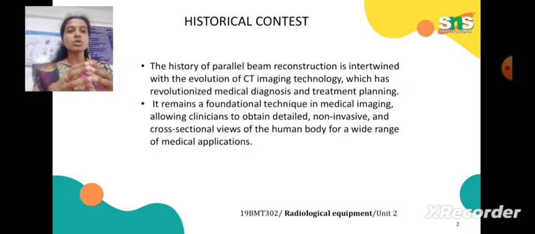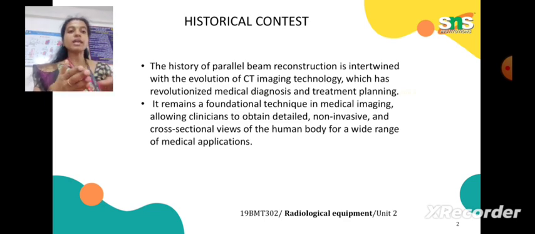Historical context: the history of parallel beam reconstruction is intertwined with the evolution of CT imaging technologies, which have revolutionized medical diagnosis and treatment planning.